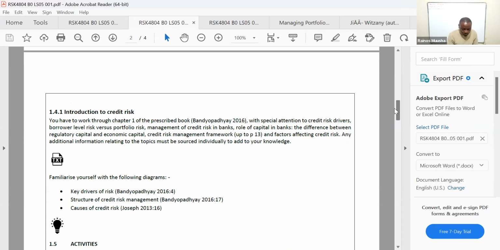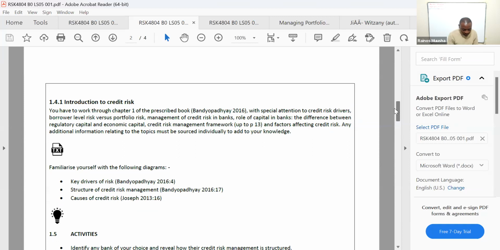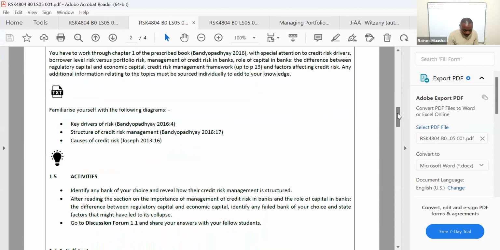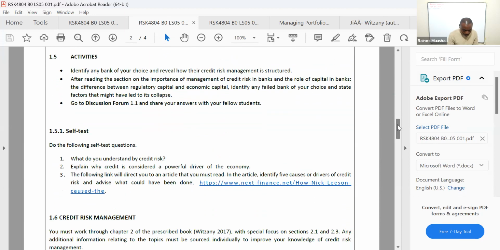So we need to look at the first chapter of this particular book, so that we're able to cover these key concepts as well.